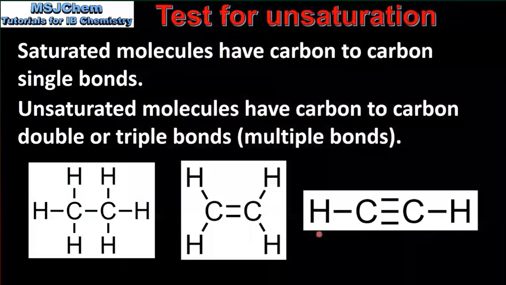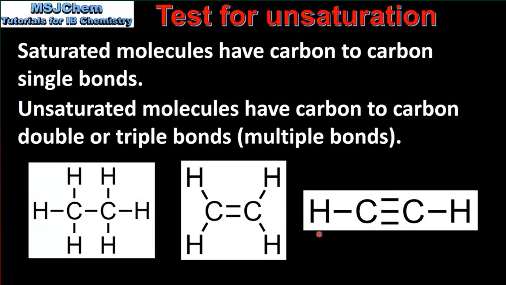Now, the test for unsaturation. Do you know what unsaturation means, boys? Unsaturated compounds contain a double bond or triple bond in themselves, but in a saturated compound there is no double or triple bond.